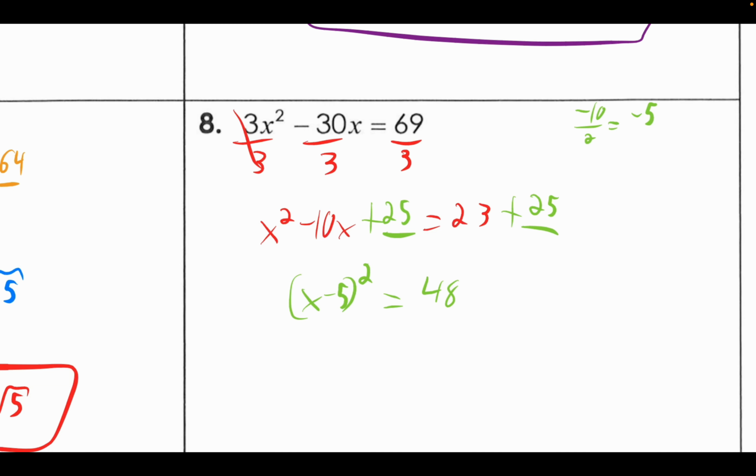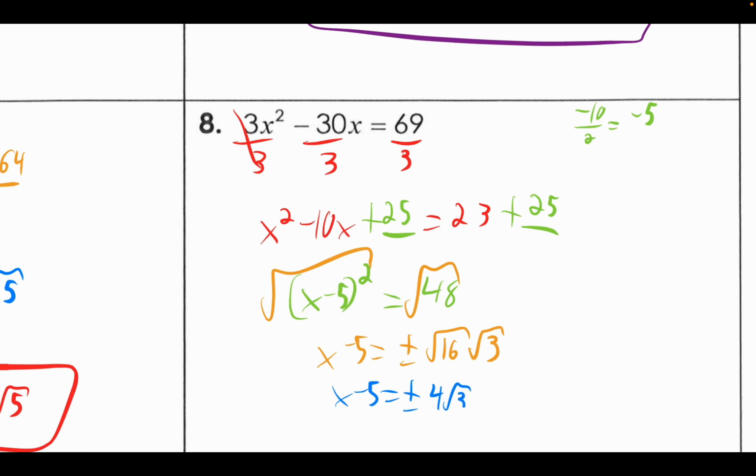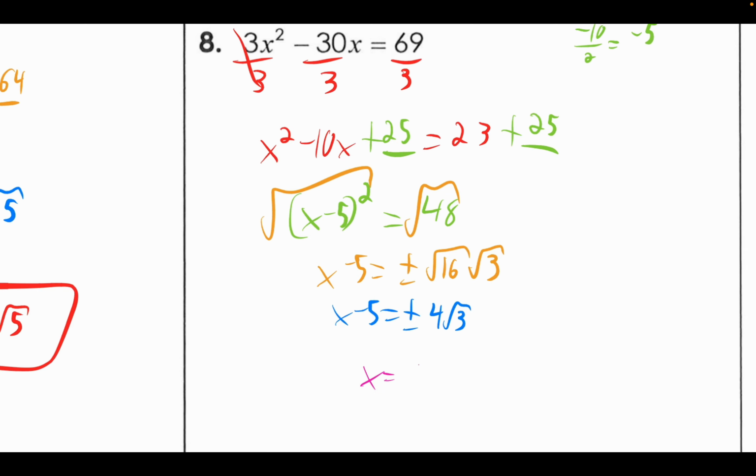Now we will square root both sides and get x minus 5 equals plus or minus the square root of 48, which is the square root of 16 times the square root of 3. And that's x minus 5 equals plus or minus 4 square root of 3. So add the 5 to both sides, and we get 5 plus or minus 4 square root of 3.